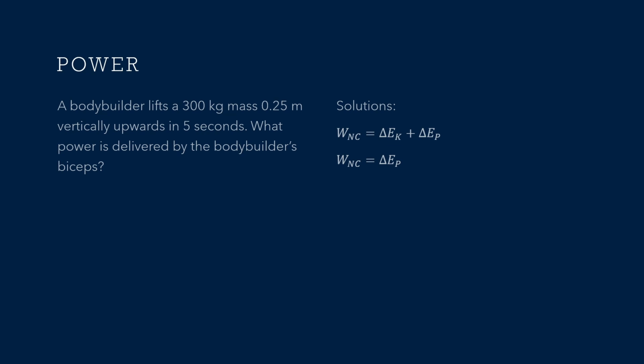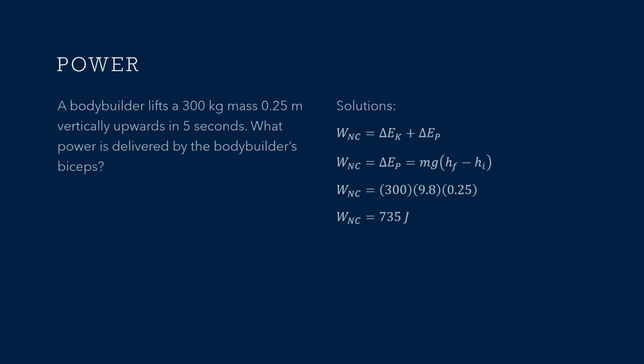That leaves me with work done by non-conservative force equals change in potential energy. Substituting in the values, I get 300 multiplied by 9.8 multiplied by the change in distance, which is 0.25, and hence the work done is 735 joules.